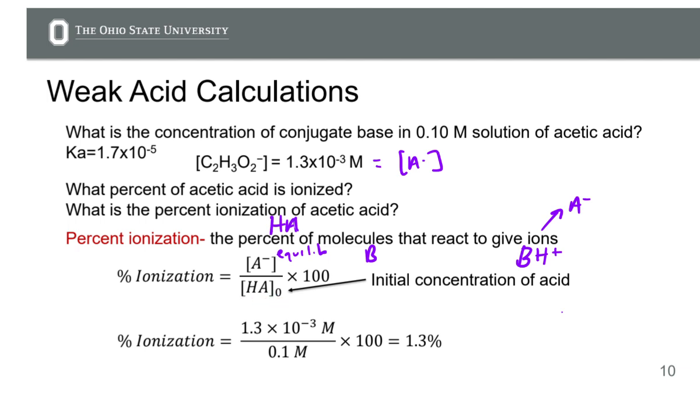So for our acetic acid problem that we've been working with, the concentration of A minus that was formed is 1.3 times 10 to the minus 3. Our initial concentration of acid was 0.1. Multiply by 100 to get a percent, and we'll get 1.3%.